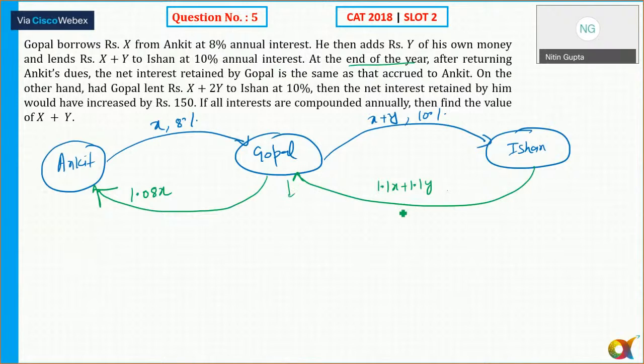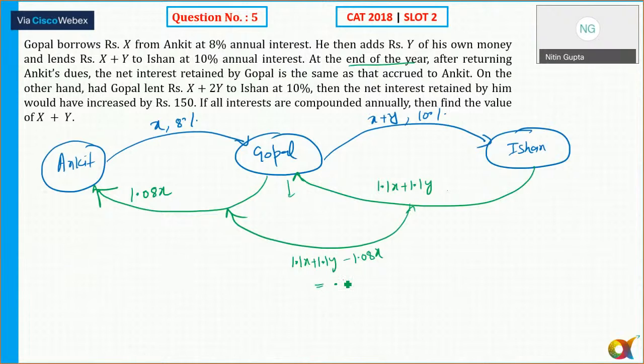Can you say the interest retained by Gopal will be the difference of these two here? Gopal received 1.1x plus 1.1y. The total amount received by Gopal is this one. But out of this, he gave 1.08x to Ankit. So minus 1.08x.